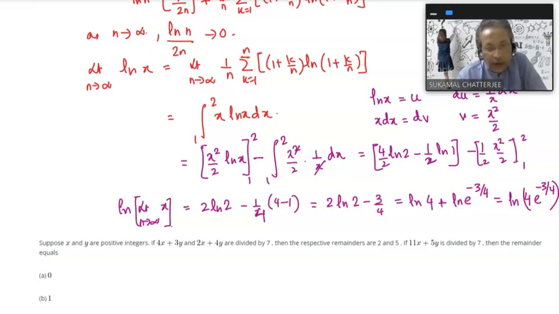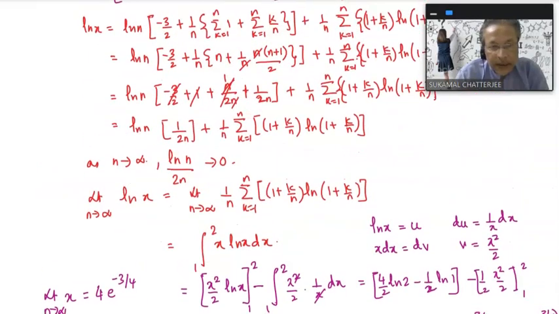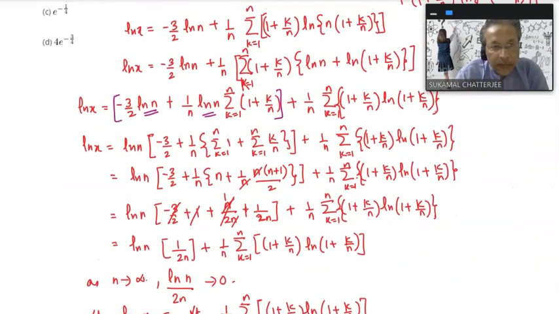So which is what we wanted. So therefore limit n tending to infinity of x is 4 into e to the power minus 3 by 4. Now if we look at the options given, this is option number 4 or D.